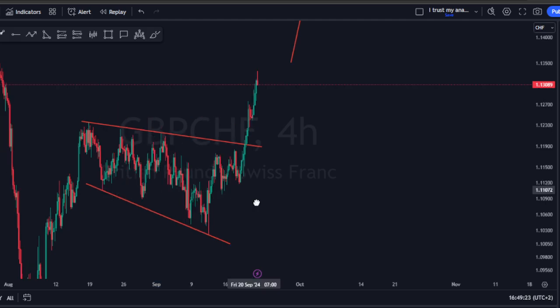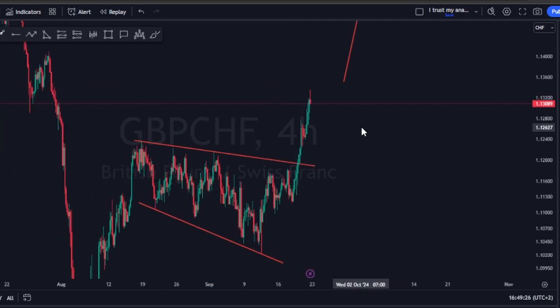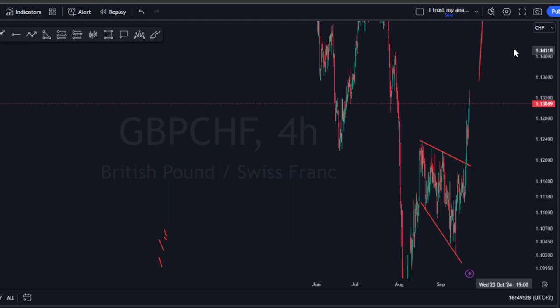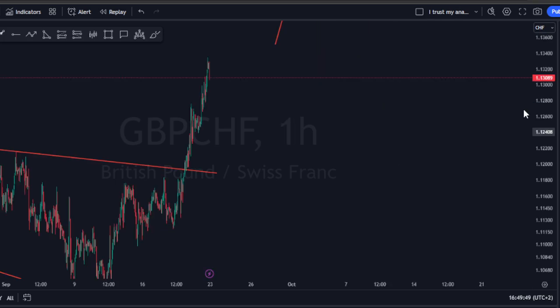So let me go to the 1 hour. So basically, ladies and gentlemen, as you can see, this is what we are looking for, the push to the upside. We're just looking for buys. And because this trend to the upside is already playing out, we'll just look for continuation patterns.